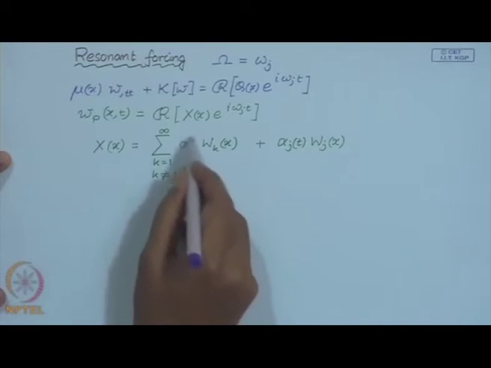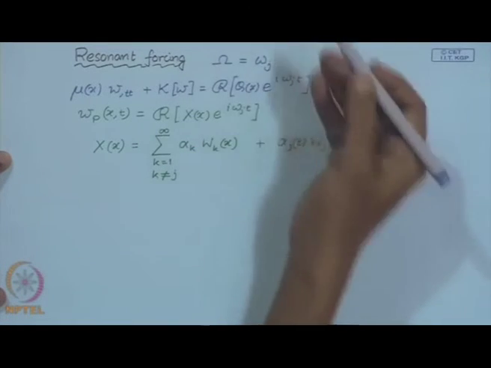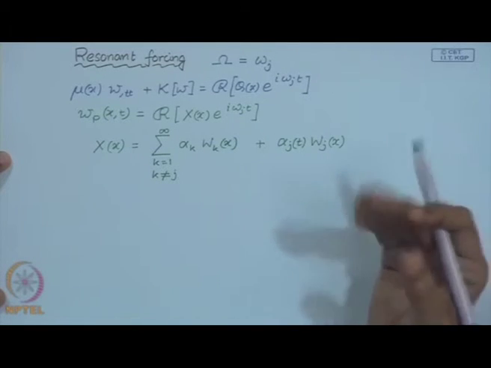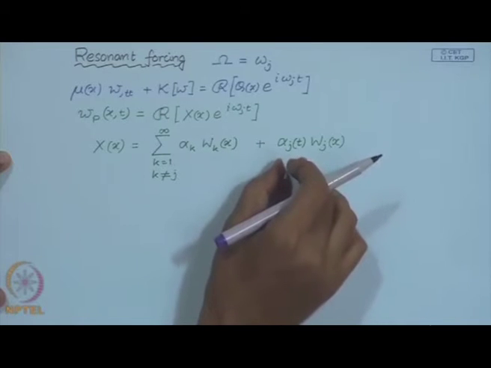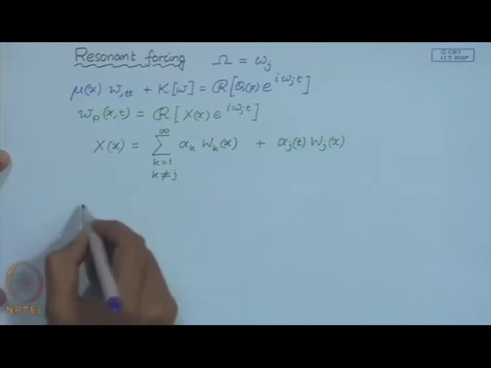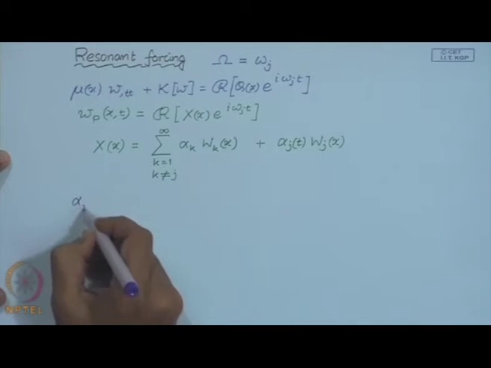Then for all the non-resonant modes we have a way of solving just as we discussed just now. For the resonant mode, we are going to obtain a differential equation corresponding to alpha j.